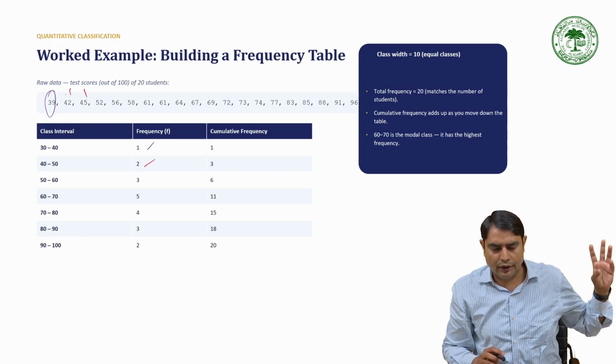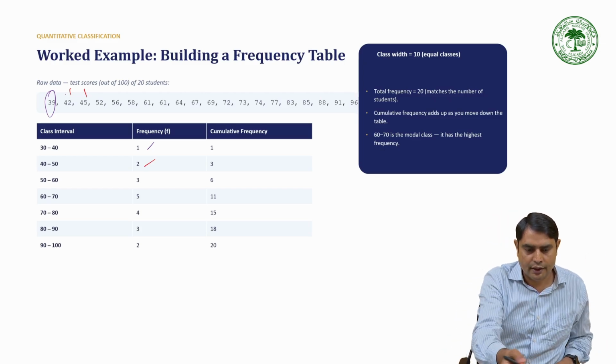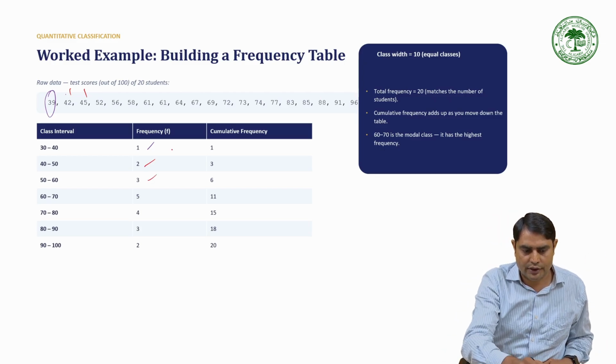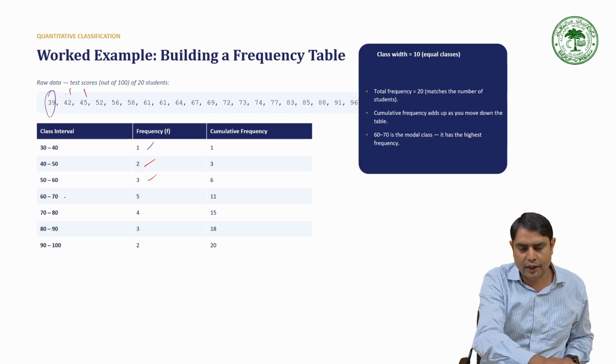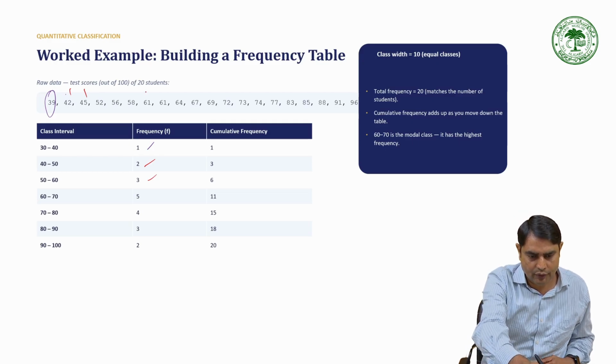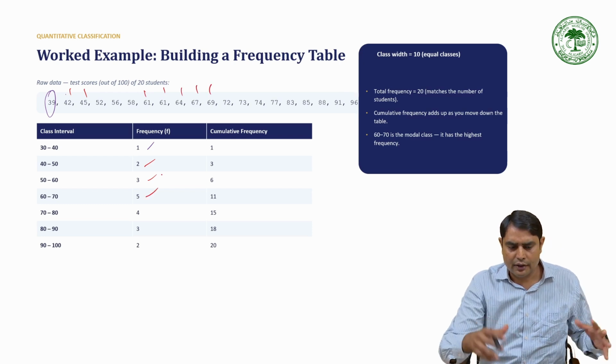Similarly, I take the values which are more than 50 and less than 60 in the next class. So I'll search the values and the frequency is 3. And then I take the values from 60 to 70, more than 60 and less than 70. 1, 2, 3, 4, 5. So the frequency is 5, and so forth.